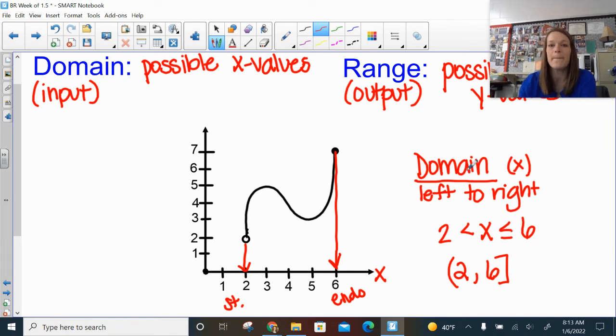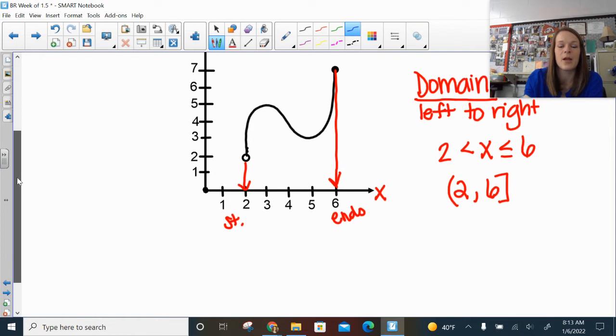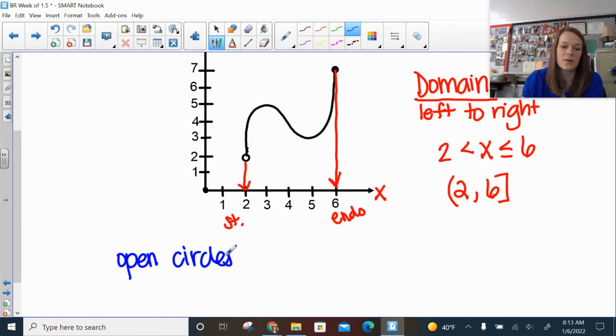Okay, now what that means, the 2 is my starting value, the 6 is my ending value. Okay, but the difference in the sign, so like this is a less than, that's a less than or equal to, this is a parentheses, this is a bracket. Okay, you do have the difference in those, and I'm going to make a note down here based off of the open circles and closed circles.